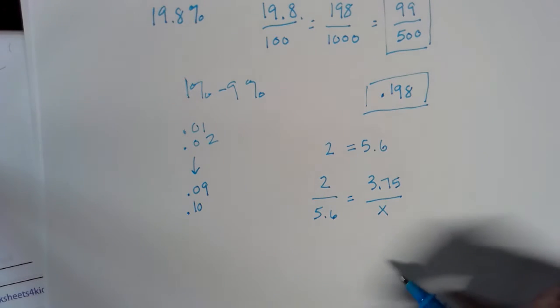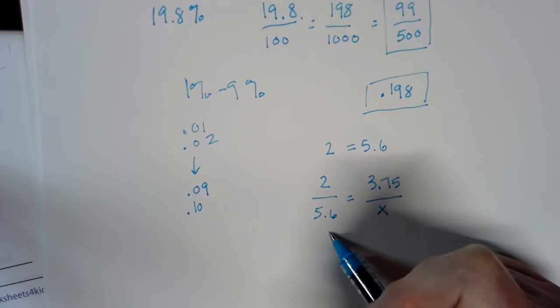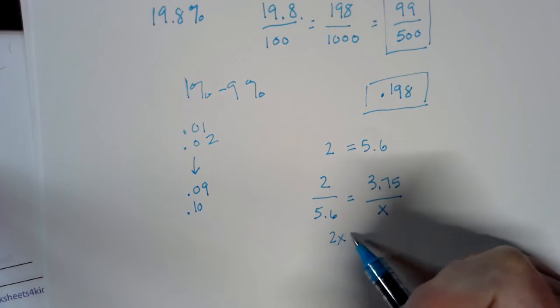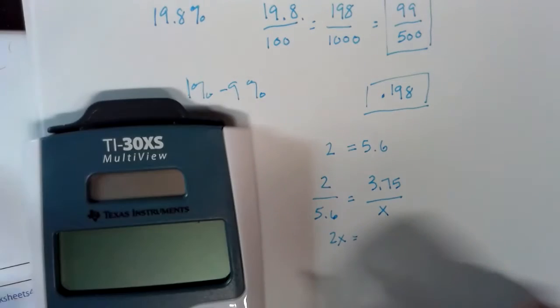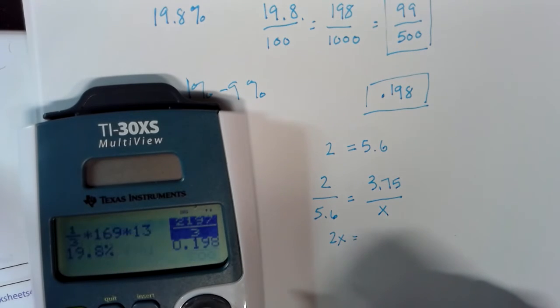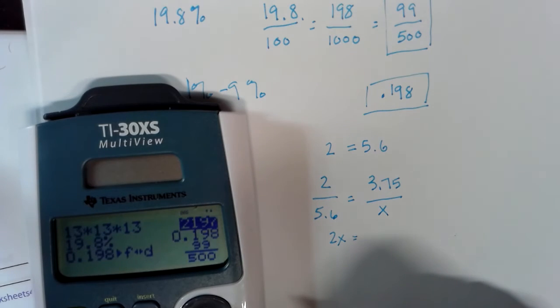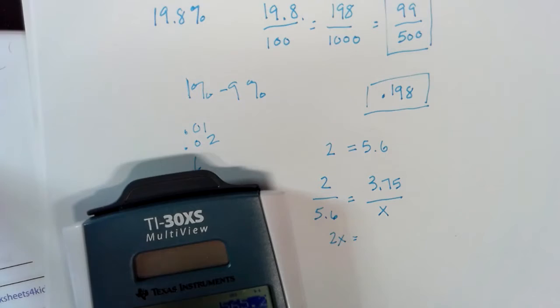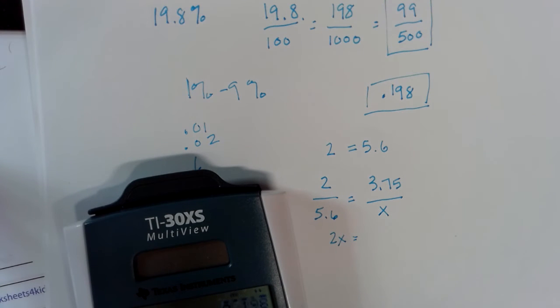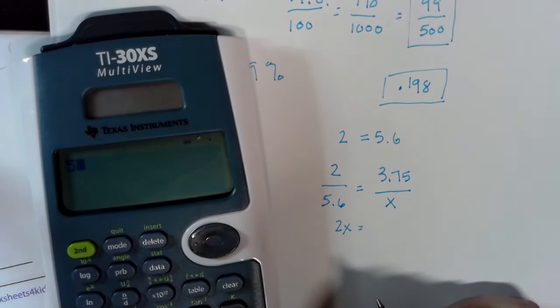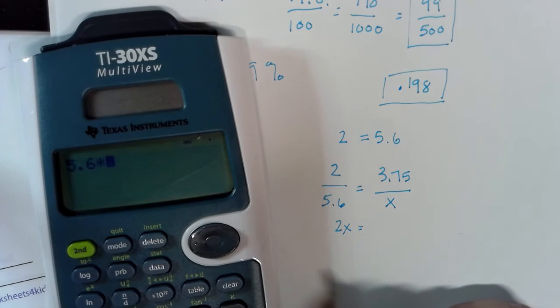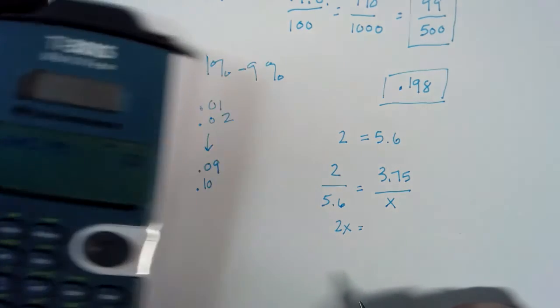So you're going to cross multiply. 2 times x is 2x equals 5.6 times 3.75. Use your calculator. 5.6 times 3.75 equals 21.